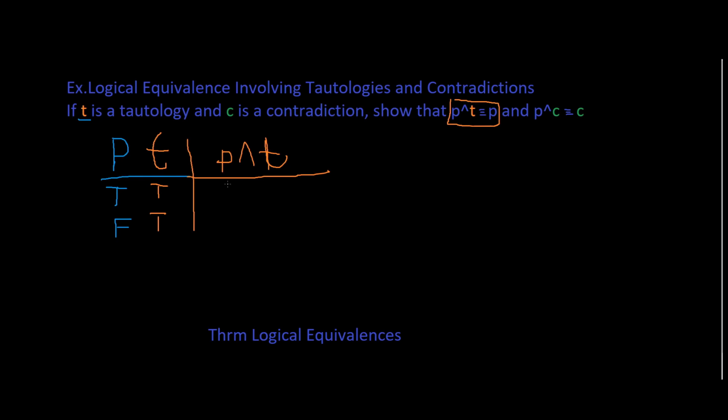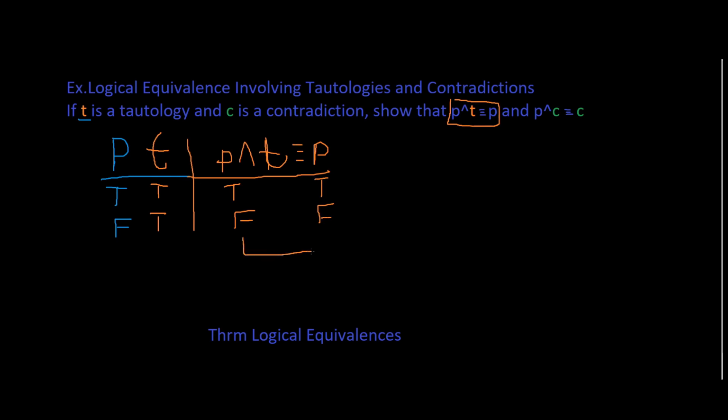So is it true? It says true and false, right? If P and T are true, then this is going to be true. If F and T are given right here, this is going to be false. And so is that logically equivalent to P, which is true and false?